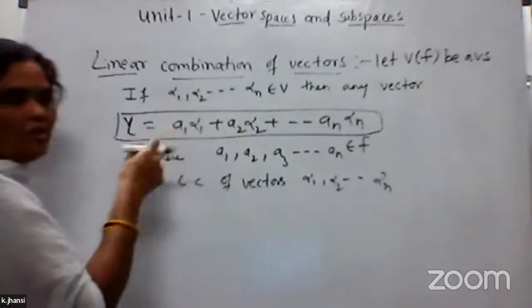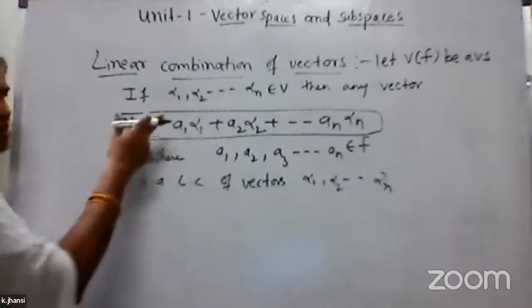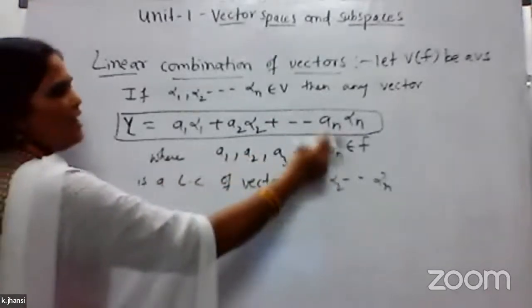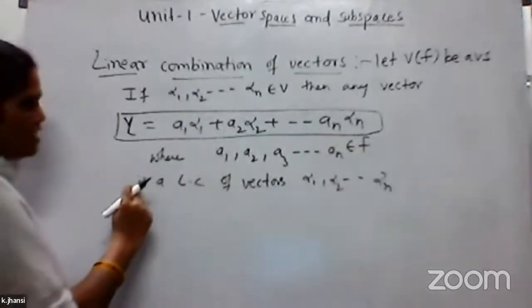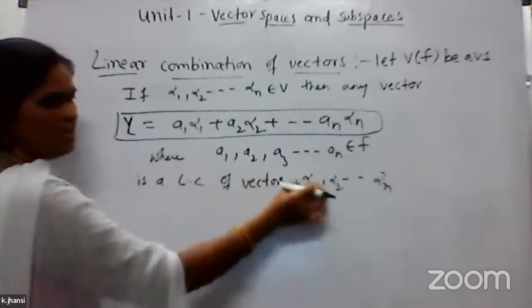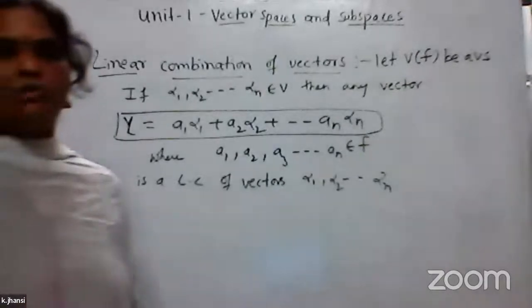Instead of a1 you can take x1, y1, anything, those are scalars. Where a1, a2, a3 up till an belong to the field of scalars, this is a linear combination of vectors. These are scalars and these are vectors. This is the definition of linear combination of vectors.